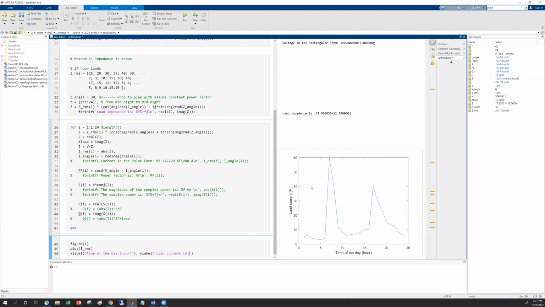Okay, so when we print this out, we run, you can see that it'll print out the current. So you can see the current is low at night. We are sleeping, so we have a low consumption, and then in the morning when we wake up, suppose this is in winter, we turn on our space heating unit, and then we are doing the cooking, so the load suddenly jumps. And then when we all go to school, this consumption would drop.